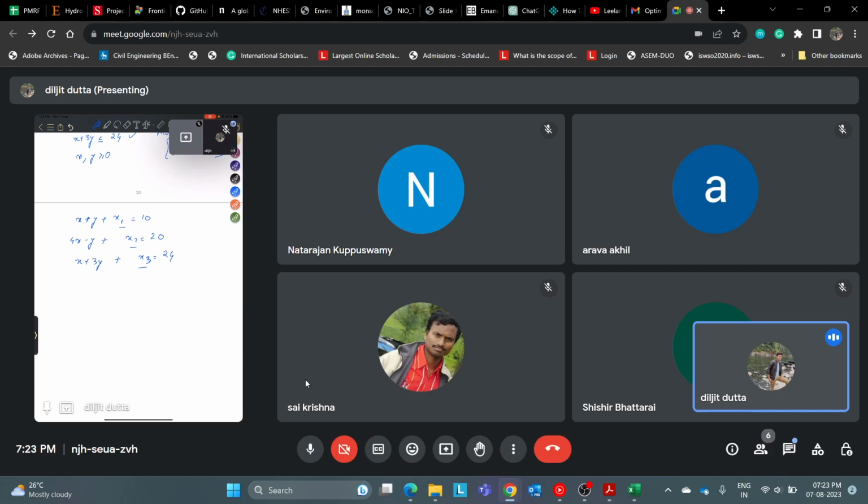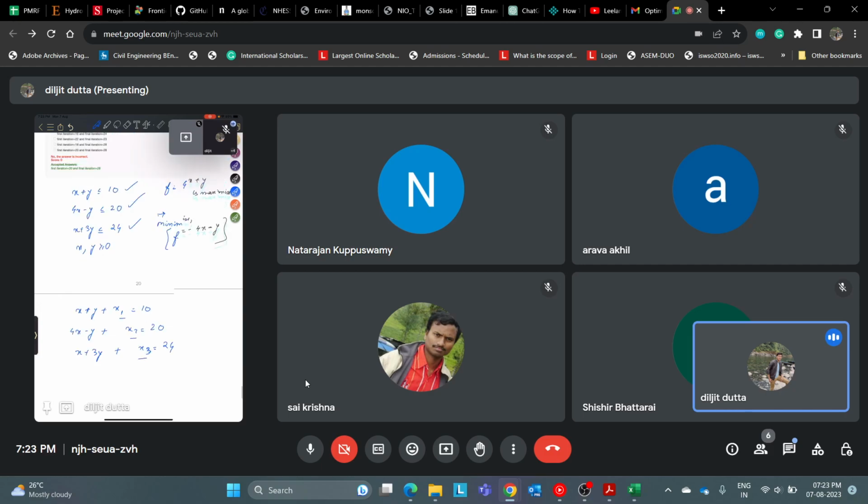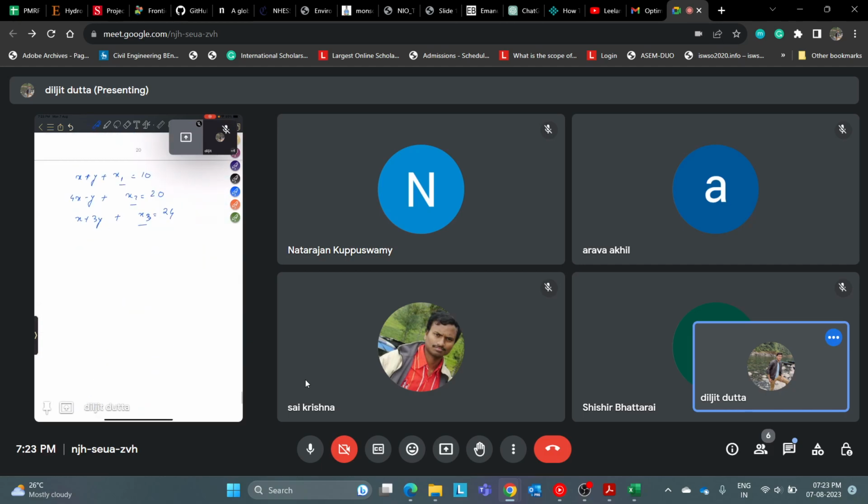Since we have converted to equality form, we can write the simplex table now. Initially we will consider x1, x2, x3 as the basic variables, and x and y as the non-basic variables.